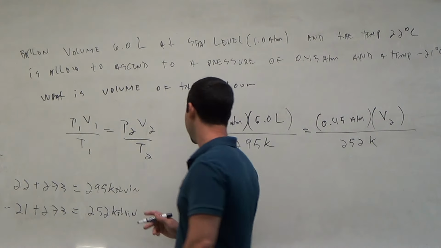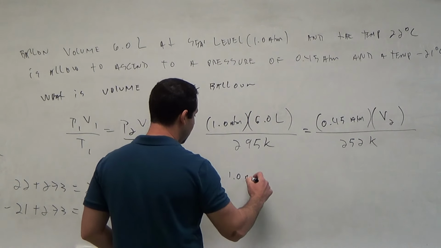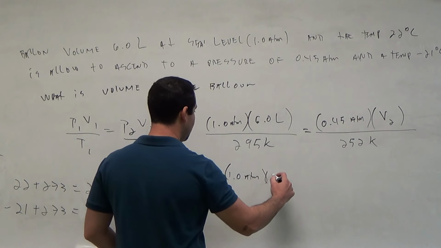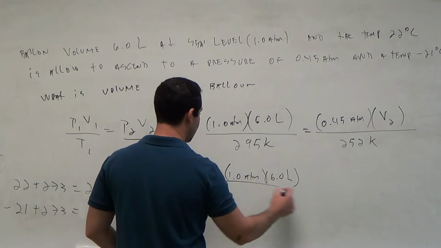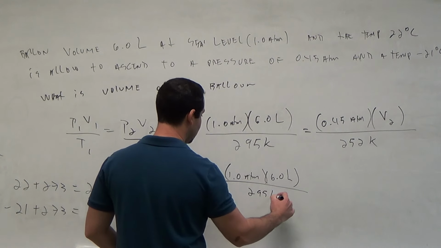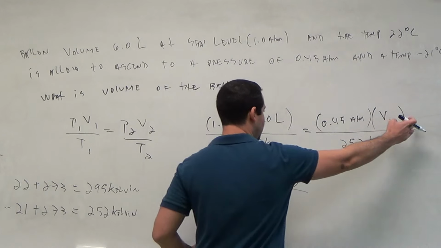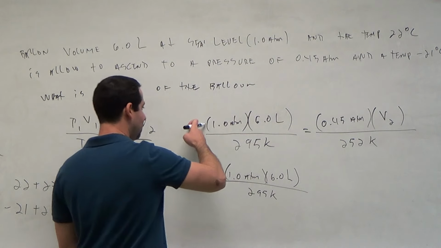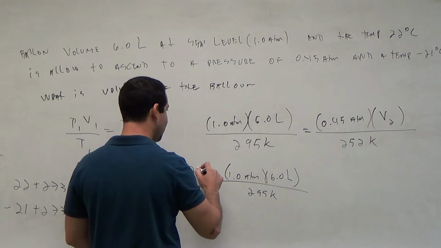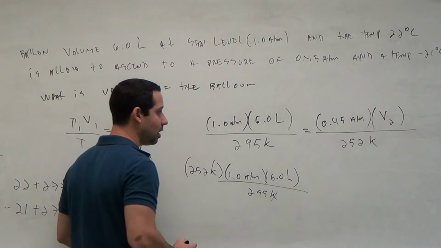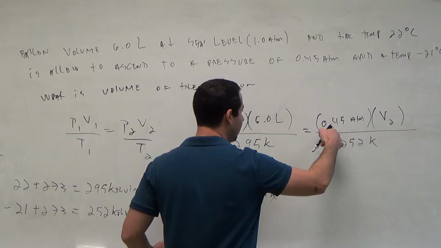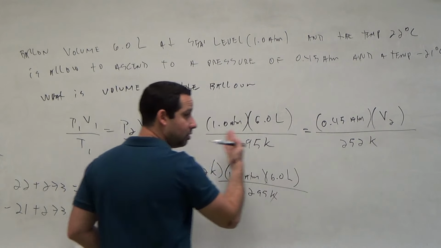And now I am going to solve for this. 1 ATM multiplied by 6 liters divided by 295 Kelvin. I am going to multiply by 252 here, and multiply there. It's going to cancel on that side, so I'm not even going to put that. The Kelvin cancels with the Kelvin. And now this 0.45, divide here, divide on the other side.